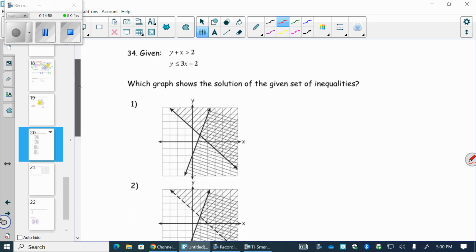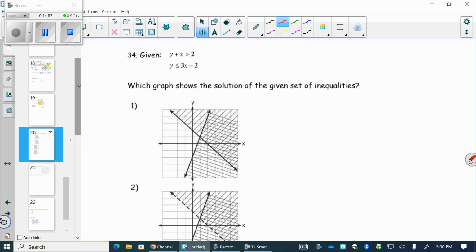Next question. We have these two things. Which graph is the solution to these inequalities? So let's take a look at this one. You're going to have a y-intercept of -2 with a slope of 3 and a solid line. So this graph has a y-intercept of -2, a slope of 3, so it looks good. And then I'm noticing something.